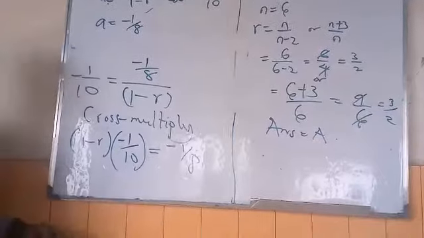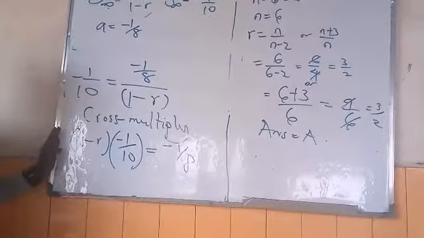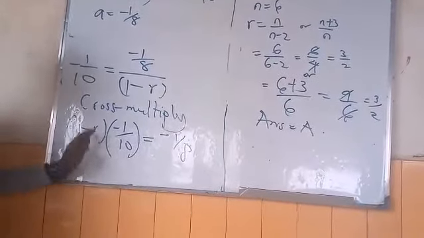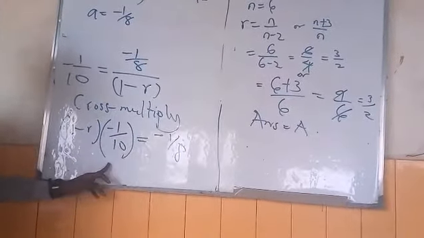Yes. And then, what are we looking for? This. Now it's on this side. What is the coefficient of this now? This. What will you do? You divide both sides by what? Minus 1 over 10.